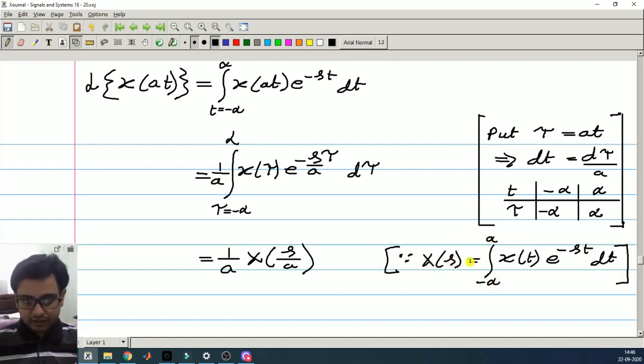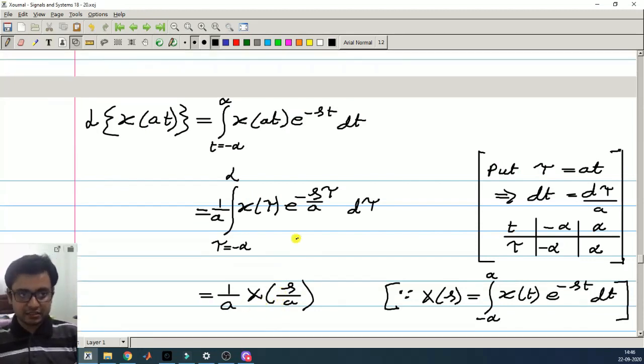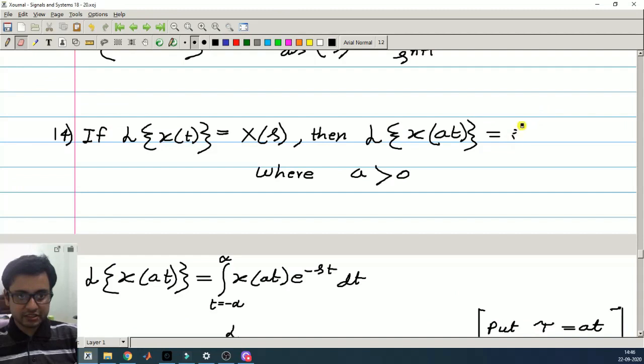Now we can replace s here with s by a, and similarly here s with s by a. So this integration is then what we have here, which is capital X of s by a. That is the answer. So this is 1 over a capital X of s by a.